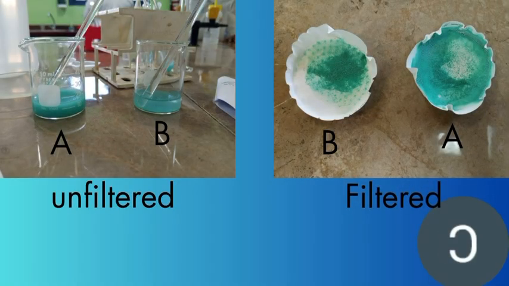Here we have some pictures of the filtered and unfiltered substance, and to explain deeper, filtrate is the liquid that passes through the filter paper after the solid product is collected.